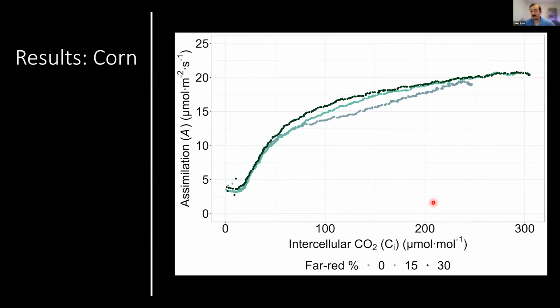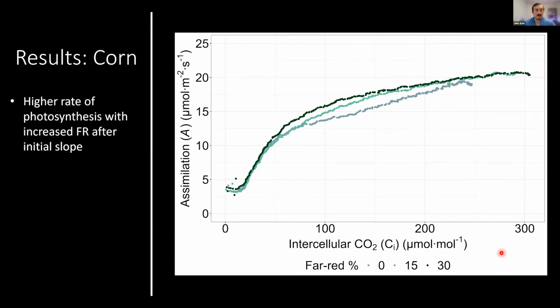Now, corn is a bit odd in this figure. Obviously, we're reaching an asymptotic maximum a bit faster, only around 300 micromoles per mole of CO2. But we see that there's a higher photosynthetic rate with increasing far red after the initial slope. So they diverge there just over 60 or 65 micromoles per mole of CO2.